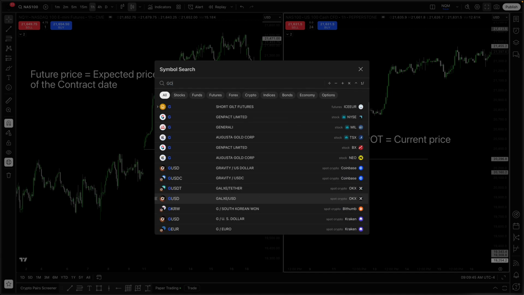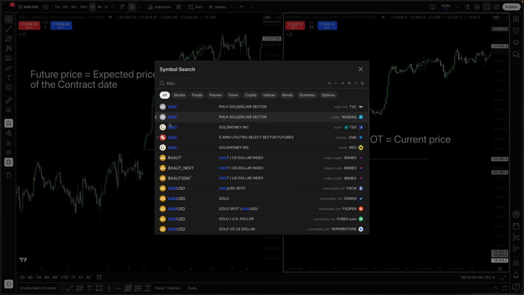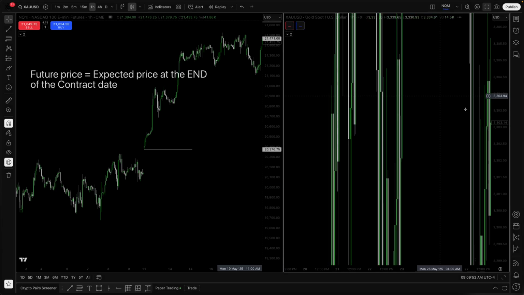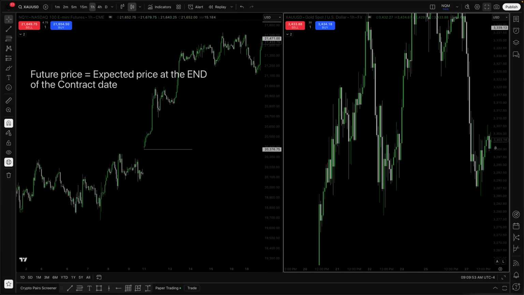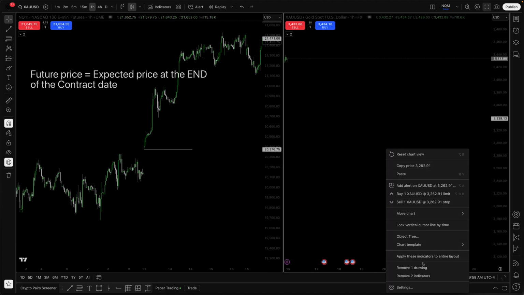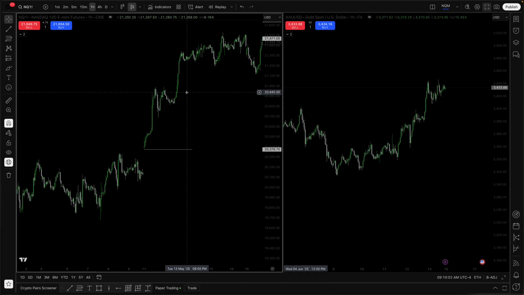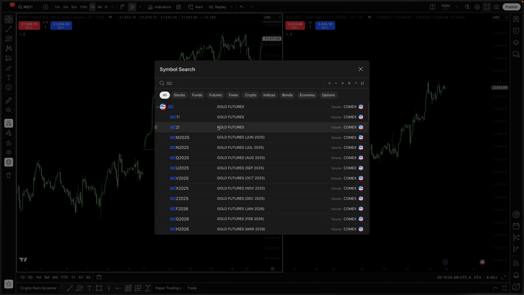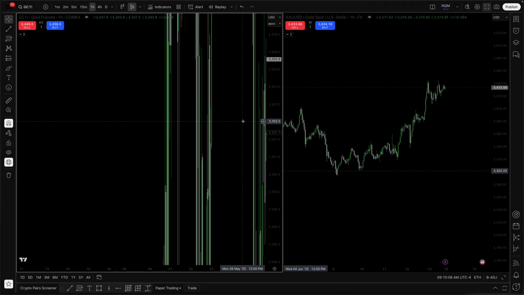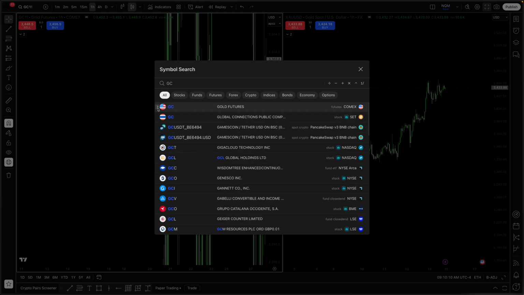Just to understand this, I'll show you gold. This is the chart of the spot gold, the spot chart for gold. What is spot? Current price. And GC is the futures contract for gold. So as you can see here, you can see when these expire, right?